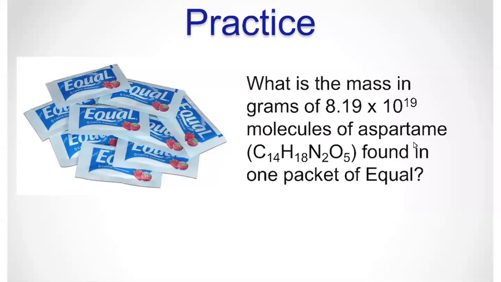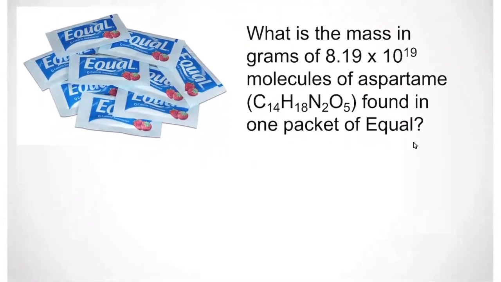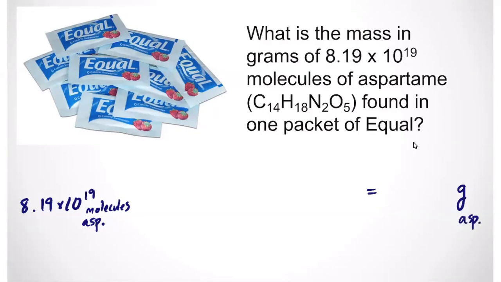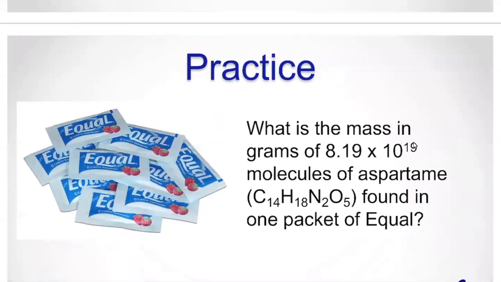All right, so let's write what we know. 8.19 times 10 to the 19th molecules of aspartame. I'll just abbreviate that. And what I'm trying to get to is grams of aspartame. Okay, so I have particles and I'm trying to get to grams.